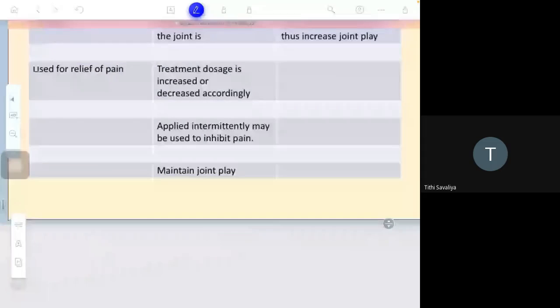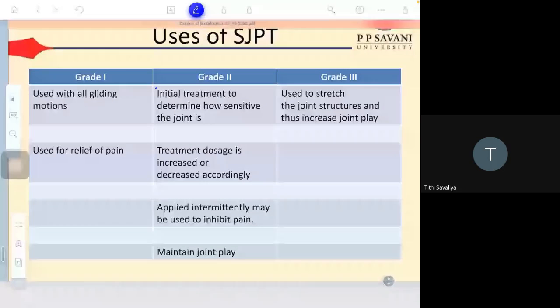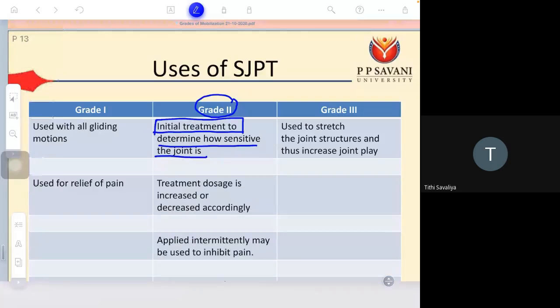Here we discussed initial treatment, and I told you last class I will explain later. Initial treatment is to determine how sensitive the joint is. You will use grade 2 of SGPT. That is initial treatment.